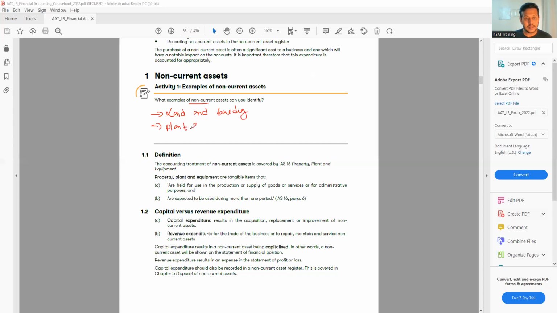The plant represents, if you set up a fixed machine that is quite big, we call it plant, and if it is a small thing, we call it machinery. Then let's say the car or motor vehicle. Then, for example, we can say furniture.